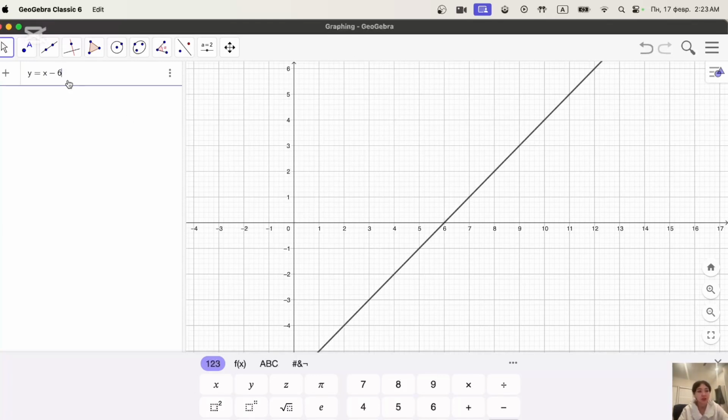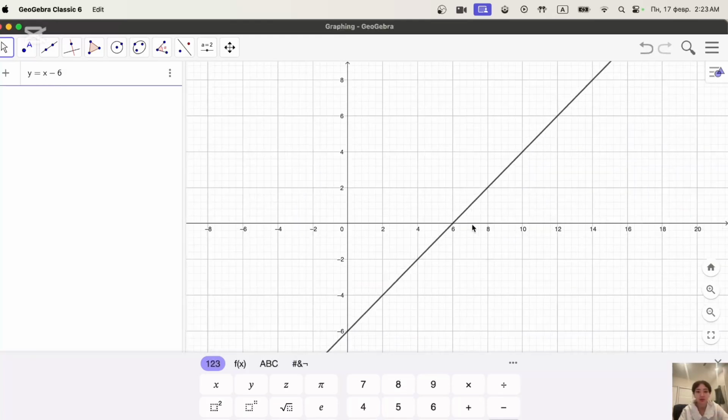The linear function y equals x minus 6 produces a straight line.